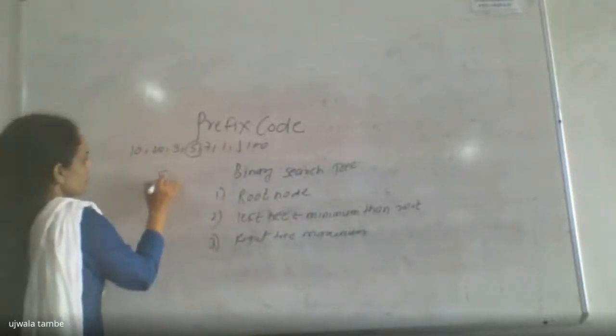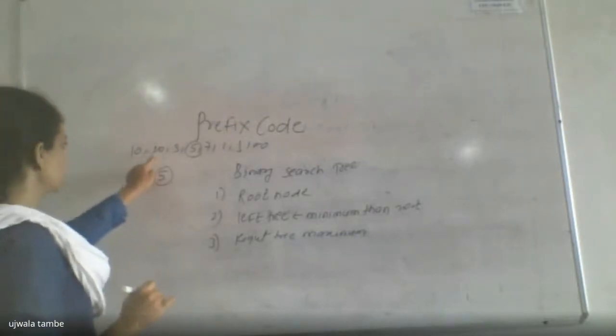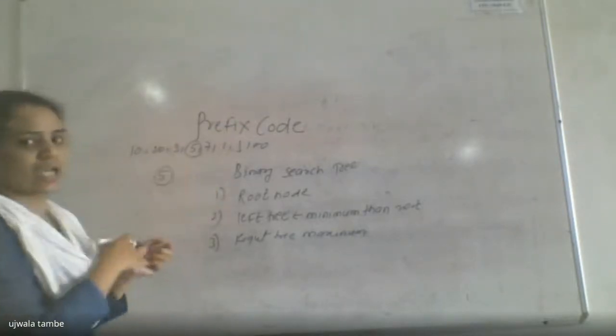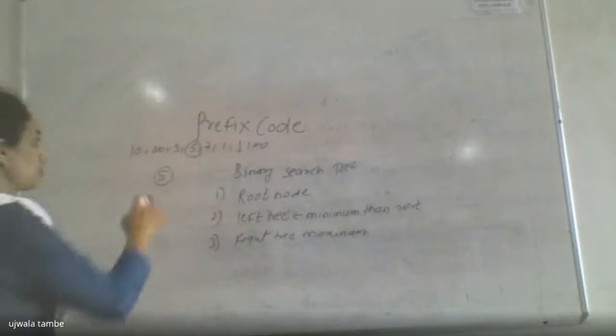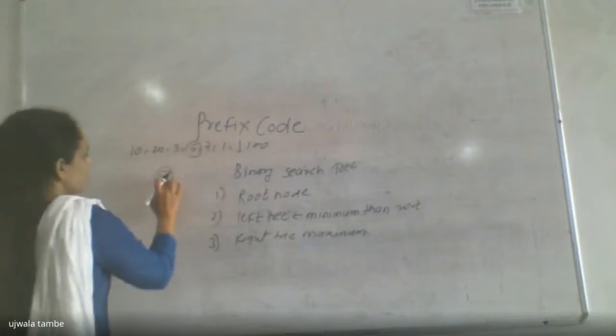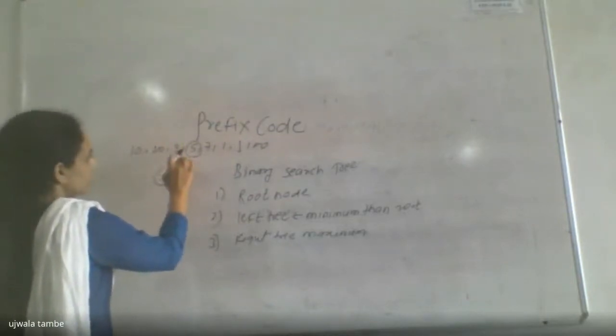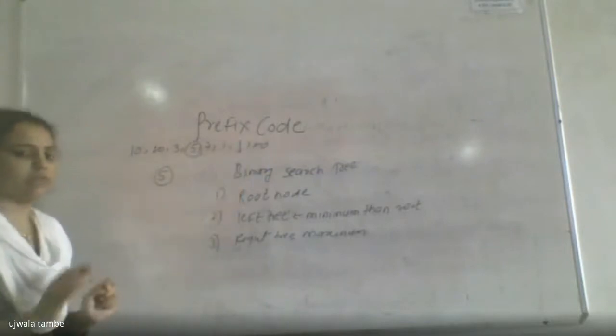So I know that 5 is my root node, and then I am going to place these values either on the left side or the right side with respect to sequence. Now, if I choose 5 as the root node, the remaining nodes are 10, 20, 3, 7, 1 and 100.